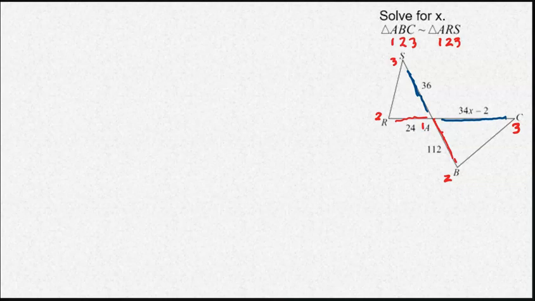Alright, let's set up this proportion. Once again, I'm kind of cornered and I cannot reduce a whole lot, but I'm going to look for every opportunity I can to make this problem easier. So because I started here and I went to there, that means I have to start here and go to there.